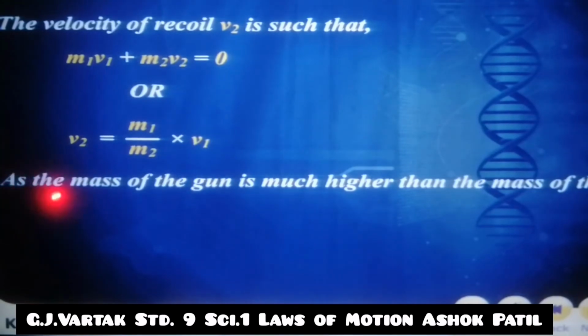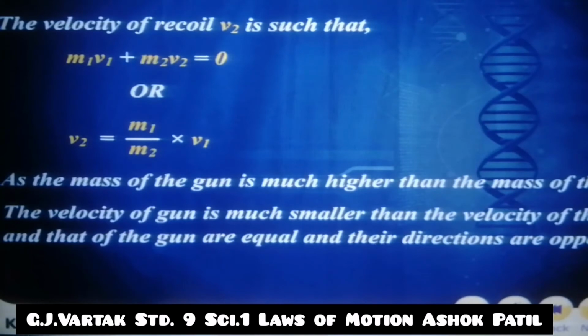As the mass of the gun is much higher than the mass of the bullet, you know that the mass of the gun is greater than the mass of the bullet. The bullet is smaller than the gun, that's why the mass of the gun is greater.